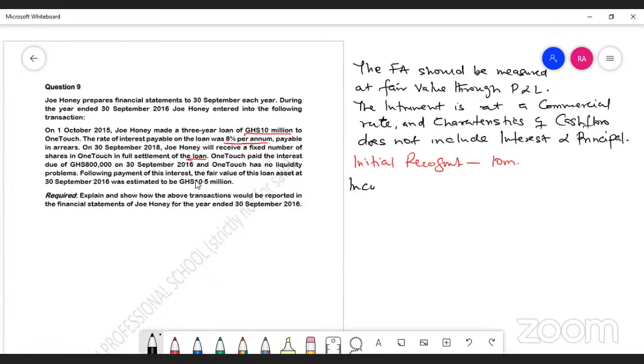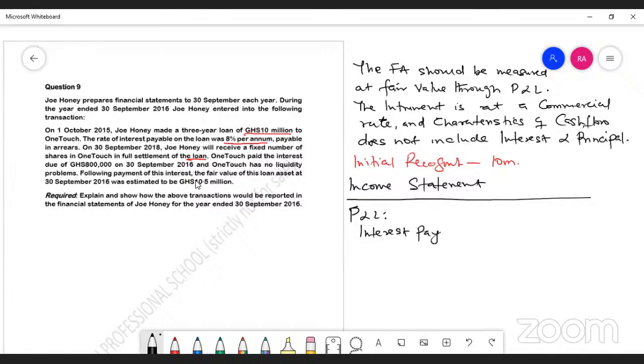So income statement. We have P&L, interest income, 800,000.